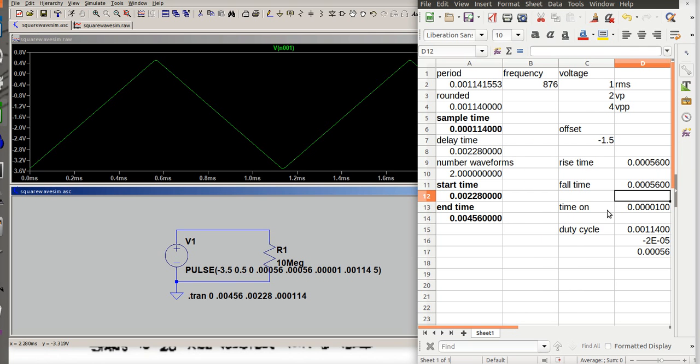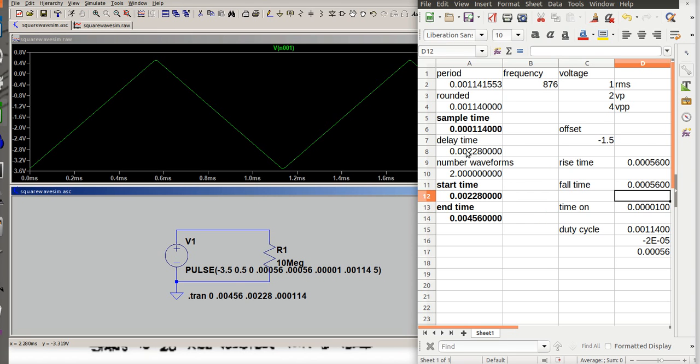It's always good to do some calculations, and as you work it out, put in the formulas, whatever, and then you can start with the frequency and the voltages. You got to keep the voltage types straight, the offset. If you're doing square and triangle, you got to do rise, fall, duty, time on, and duty cycle.